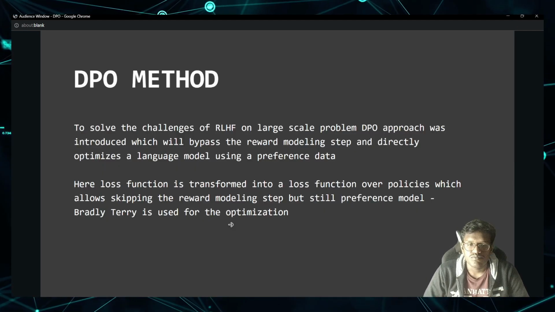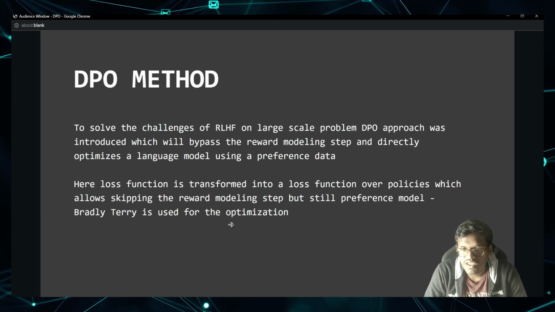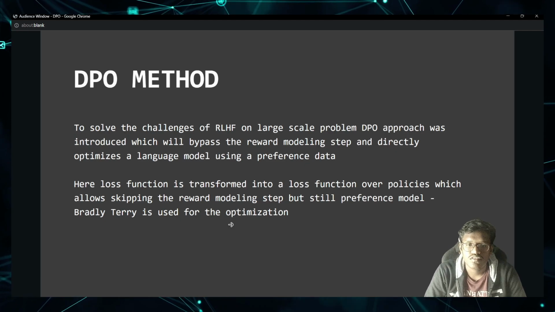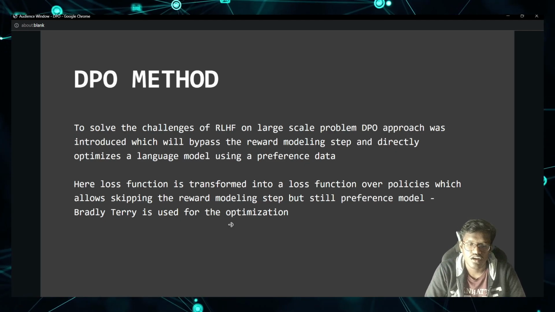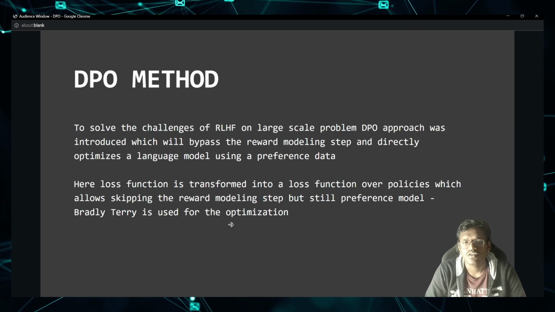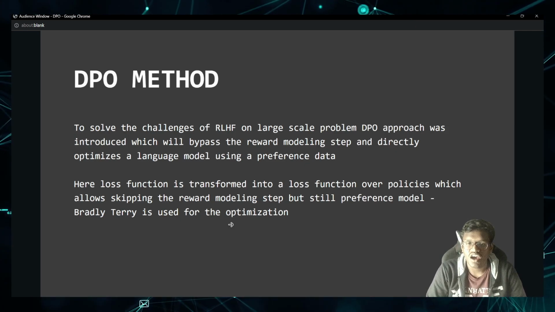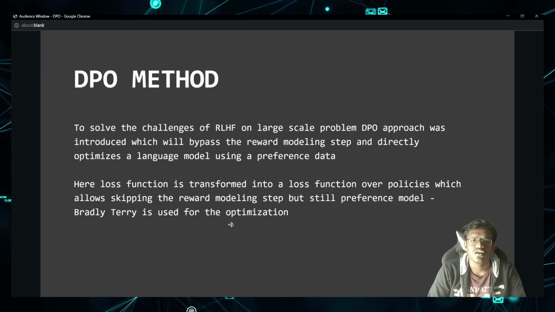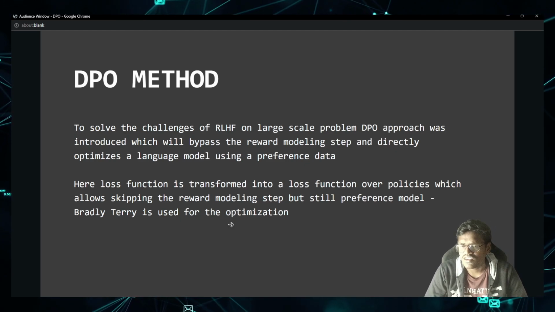So why the DPO method is needed: to solve the challenges of RLHF, DPO came into the picture. Okay. So what happened was, when RLHF was trained on large scale problems, it was very unstable.